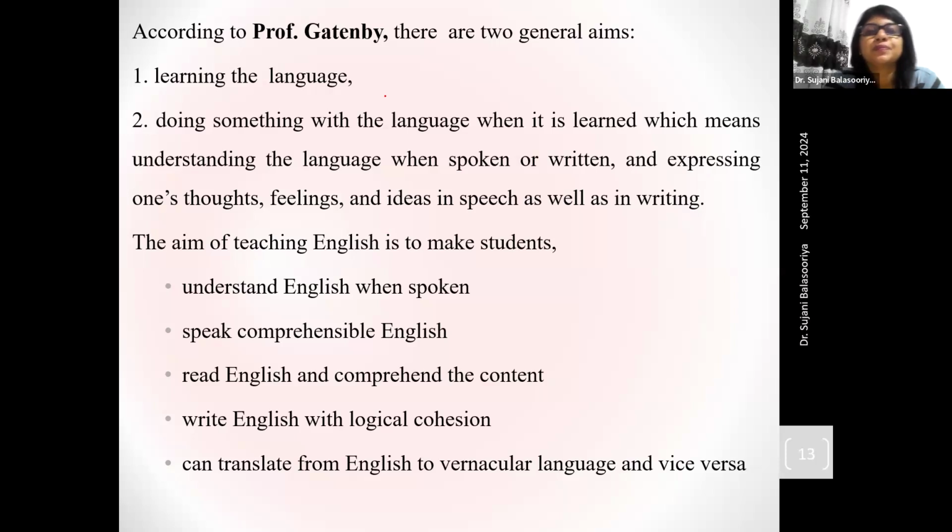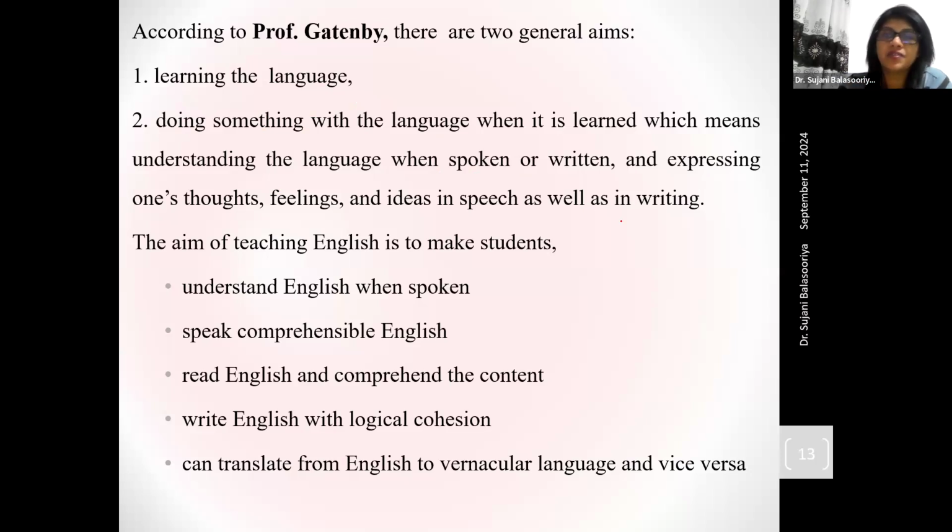Right. There are two general aims introduced by Professor Gattenby. One is learning the language and the other is doing something with the language when it is learned, which means understanding the language when spoken or written, and expressing one's thoughts, feelings, and ideas in speech as well as in writing.